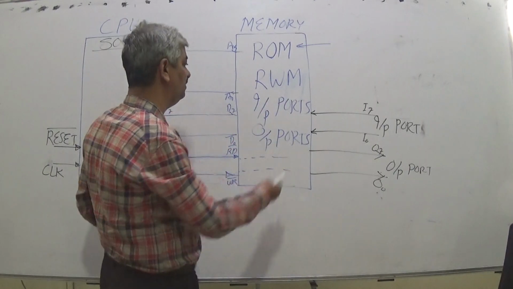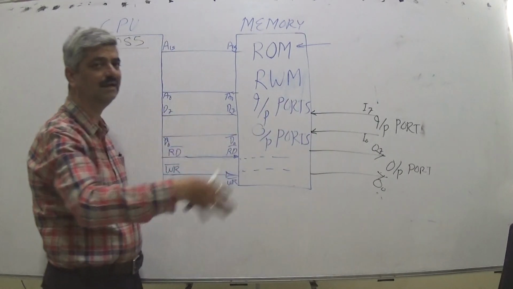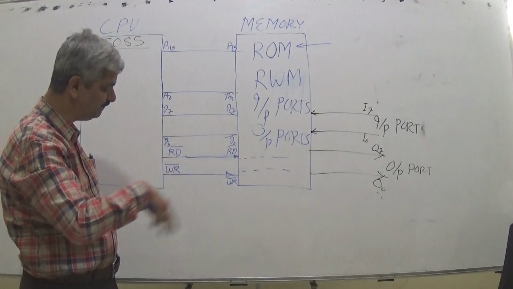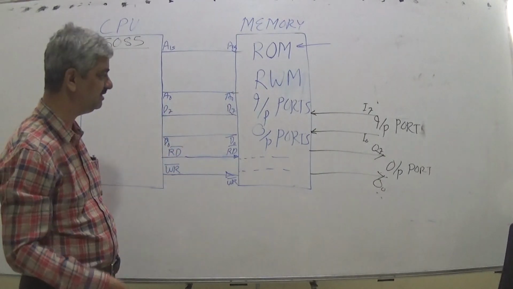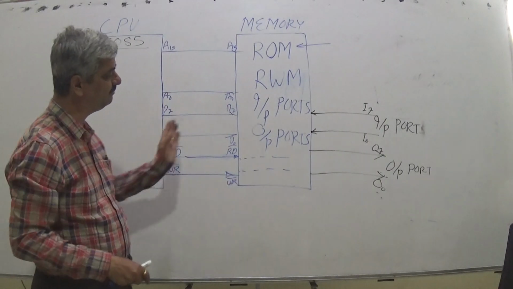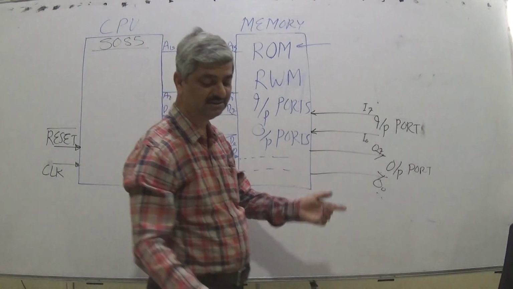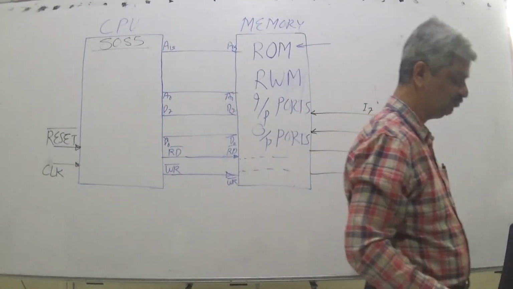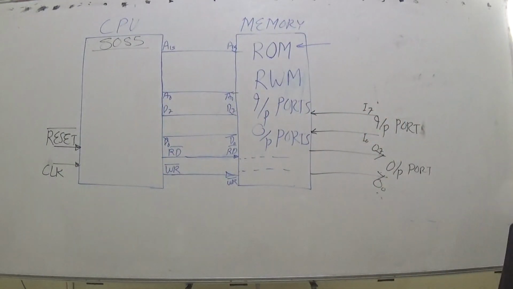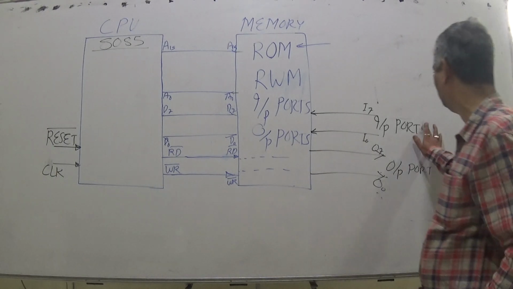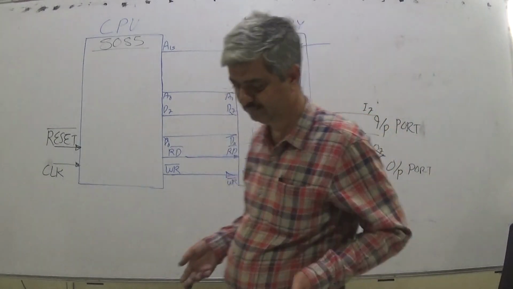So the program will read this, evaluate various options, compute something, do very complex calculations, and based on that, output something here. And this is permanent. So a microprocessor-based system is expected to read inputs, do exhaustive work, deliver outputs, and again read inputs. So that's all.